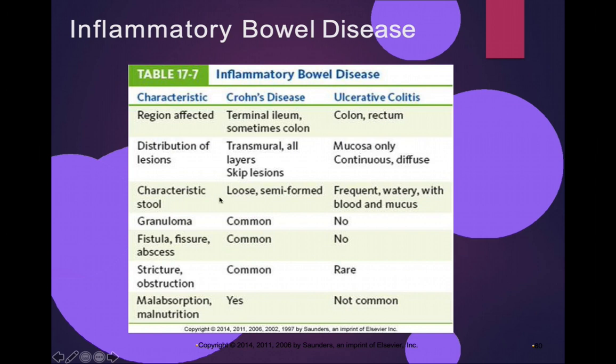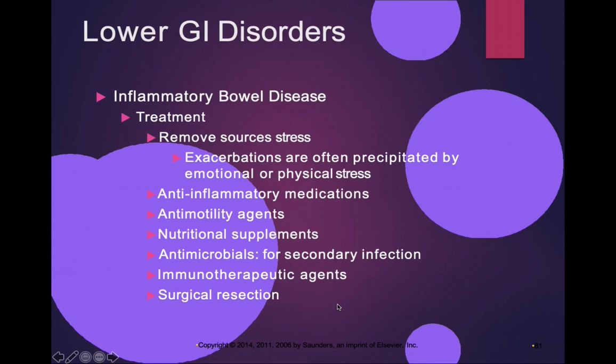With the stool, here it's loose with Crohn, semi-formed, but with ulcerative, it's frequently watery with blood and mucus. The granulomas will show with Crohn, the fistulas show with Crohn, and the strictures and obstructions show up with Crohn. But rarely do they show up with ulcerative colitis. There is malabsorption and malnutrition with Crohn, but not very common with ulcerative colitis.